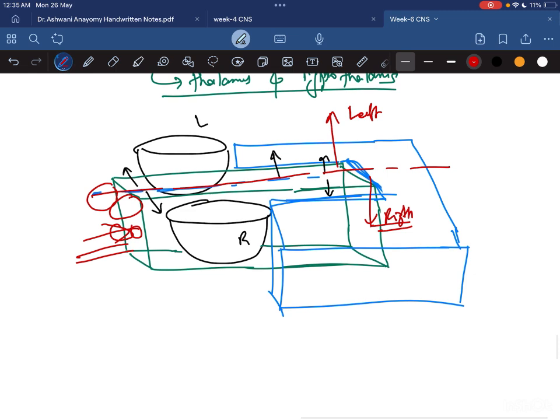So this third ventricle communicates with the lateral ventricle, and it is communicated with the foramen of Monro. This is the foramen of Monro.